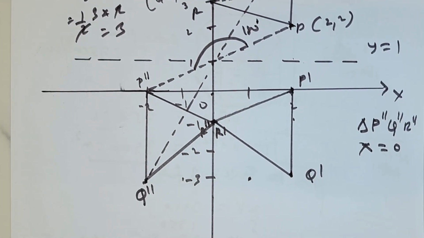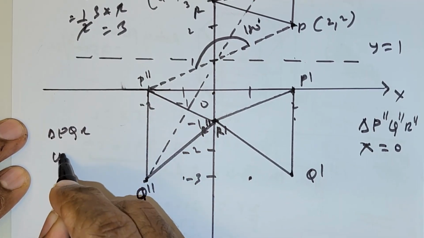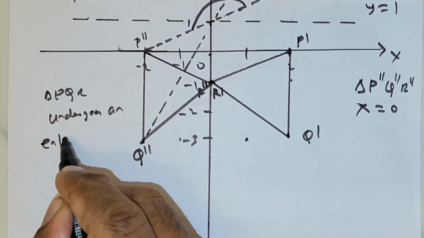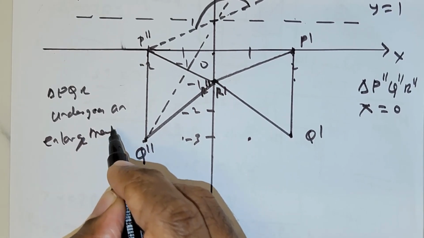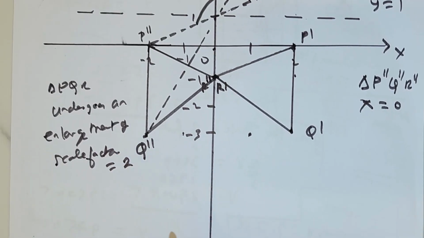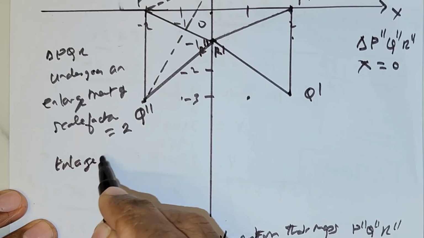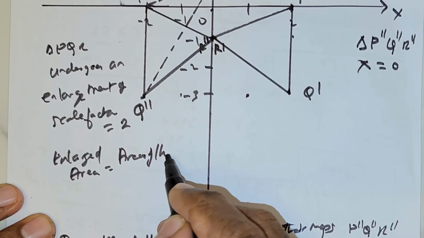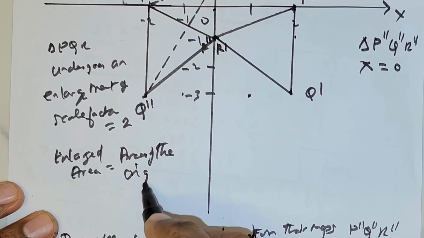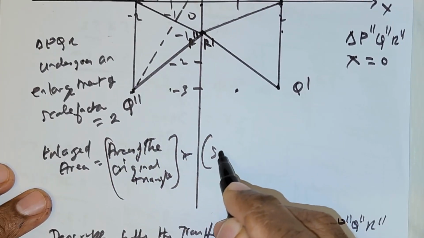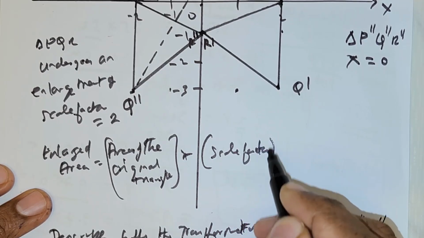Now what they are saying now is, triangle PQR undergoes an enlargement of scale factor 2. So the enlarged area has got a formula. It is nothing but the area of the original triangle multiplied by the scale factor squared.